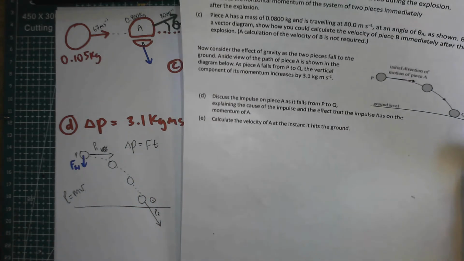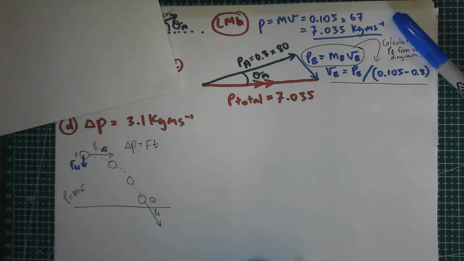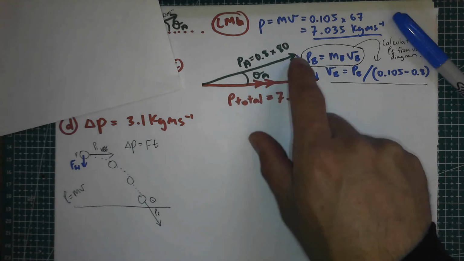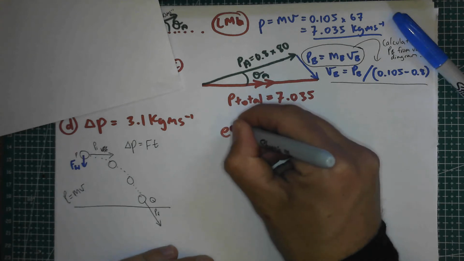This is just piece A. Alright, so I think we're just going to assume that piece A here, because it has so much of the mass, is basically going horizontal at the start. Bold assumption.